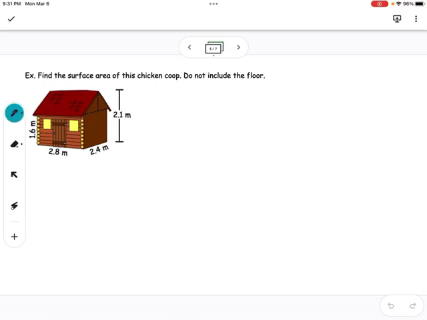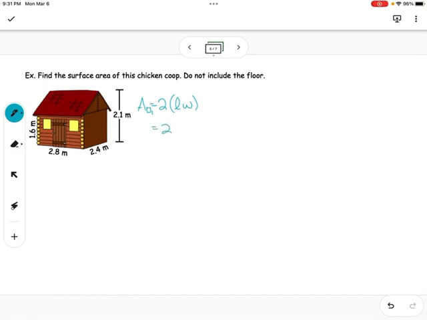Okay. So starting with the bottom piece, we know we have 2 of these rectangular sides. So 2 times rectangle is length times width. So area of rectangle 1.